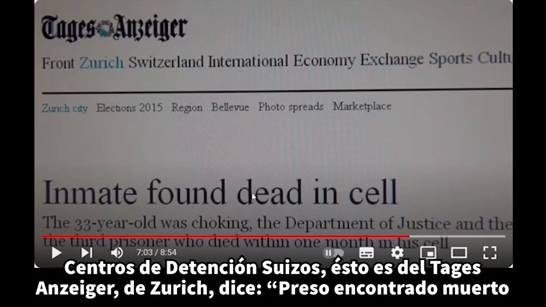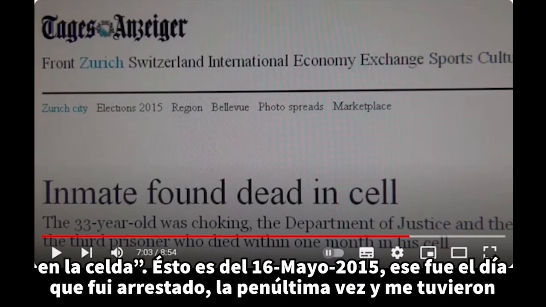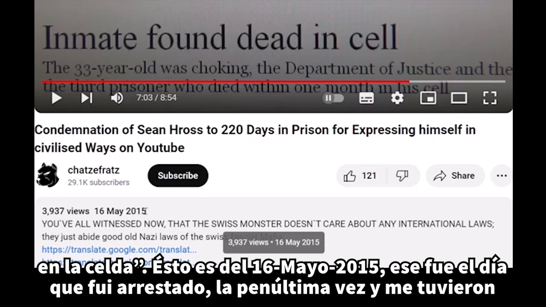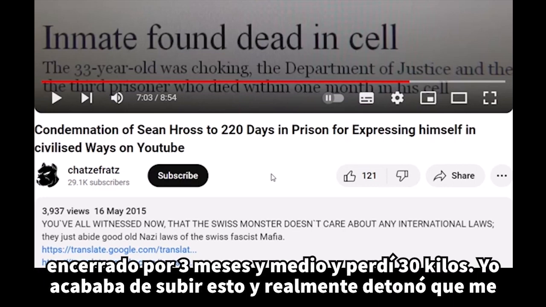It says an inmate found dead in cell. And this is from, what do you know? May the 16th, 2015. That was the day I got arrested, you know, the second last time. And they kept me inside for 3.5 months and I lost 30 kilos.